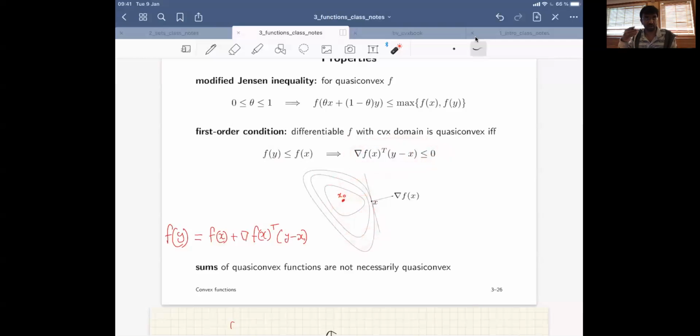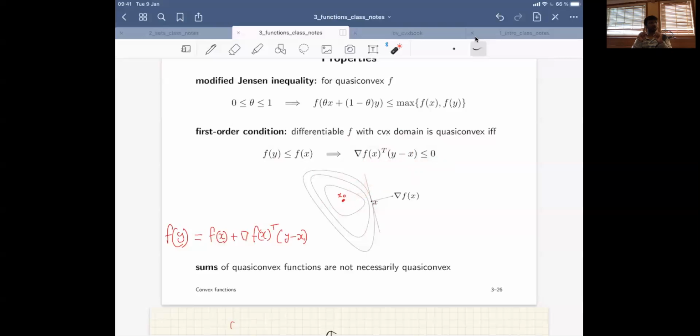This is useful later when you study, for example, the gradient descent algorithm and other iterative algorithms, where if you are at this point and you want to minimize the function, and you know the gradient at that point, you can find the direction in which you have to go to minimize the function. Now, what this is telling is, you do not need to go in this direction. You just need to go in this direction.